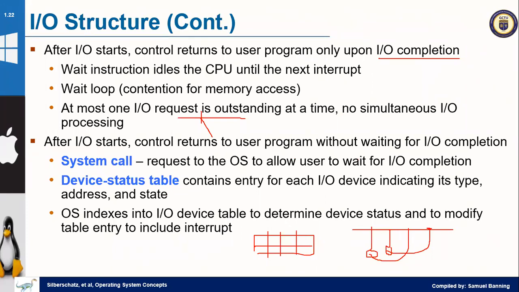So if this device is giving an IO, it will be entered here, with the state of the IO, what it is doing, and all that. The operating system will take control of this IO device table and enter them appropriately so that it can track the progress of the various IOs in the system. So those are the two fashions of the IO structure in the computer system. I hope that is clear.